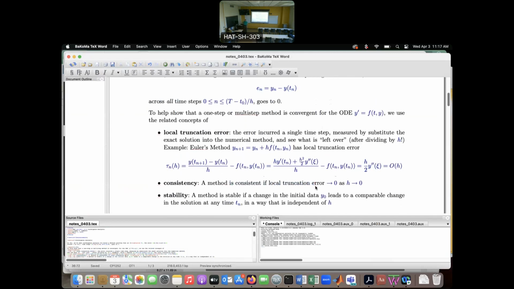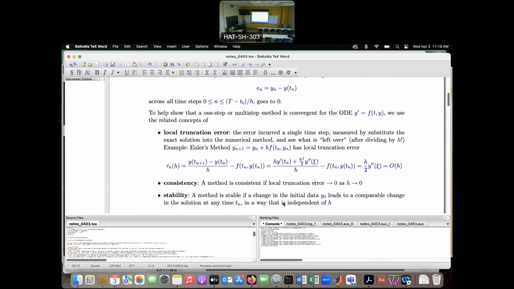Now, another concept that we need that's on the way to convergence is stability. A method is stable if making a small change in the initial data does not lead to an unduly large change in the solution.